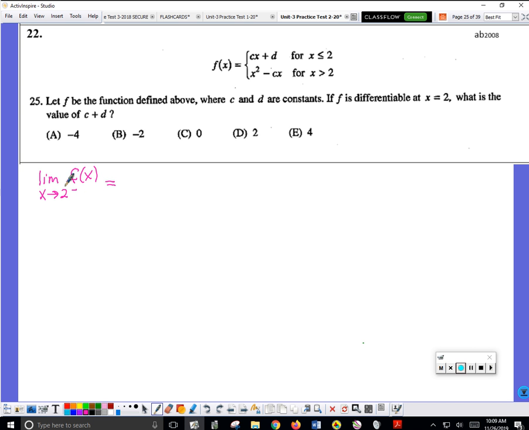Even though you should be thinking, just like Abby is, that the x-coordinates are a little bit less than 2, limit means what are you getting infinitesimally close to becoming. So the limit really is 2c plus d. On an AP test, you'd never want to put a 2 minus here, because the limit means what are we getting close to? How many knew it? 2 points, 3 for Abby.